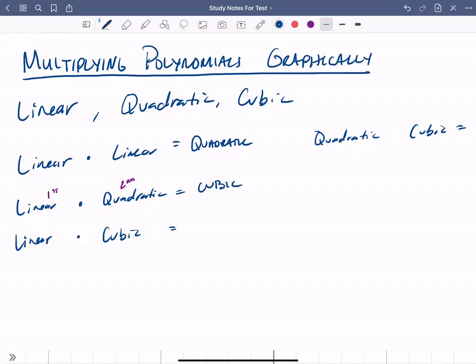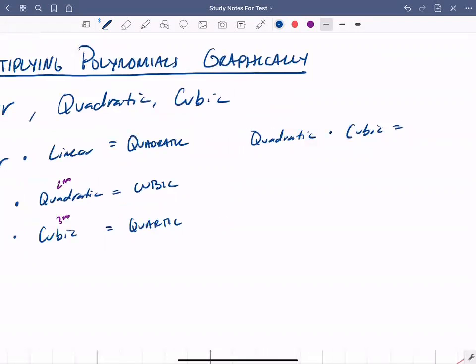We have a linear times a cubic, that is a first degree polynomial and a third degree polynomial, which will give us a fourth degree polynomial, called a quartic. And then our last one is a quadratic times a cubic. A quadratic is a second degree, and a cubic is a third degree.